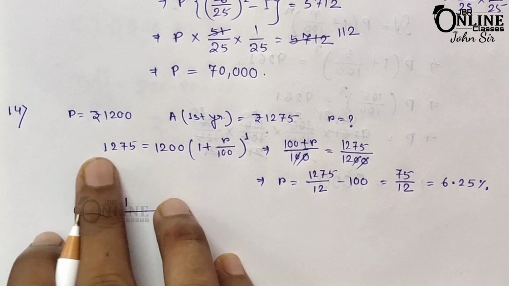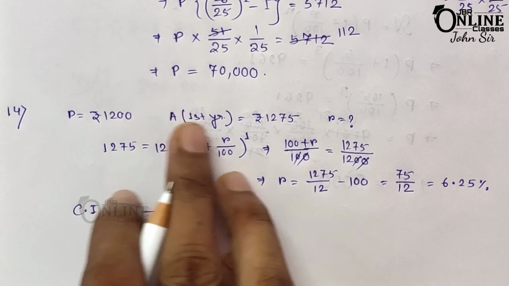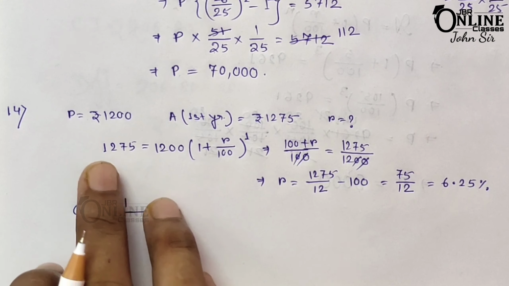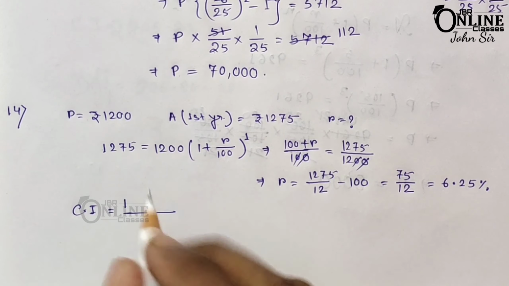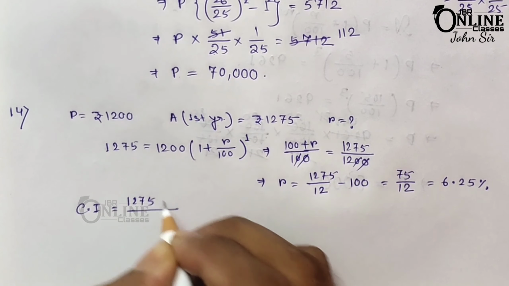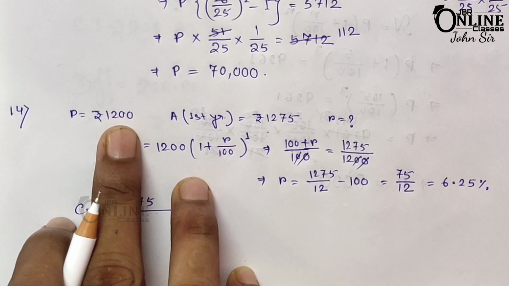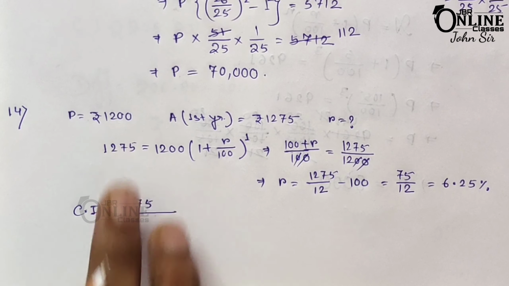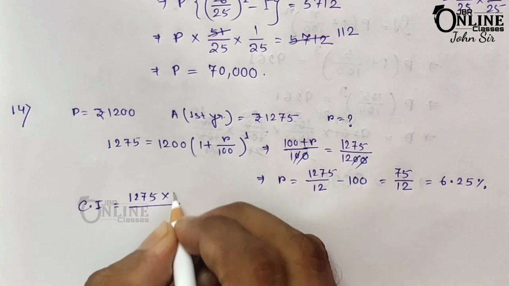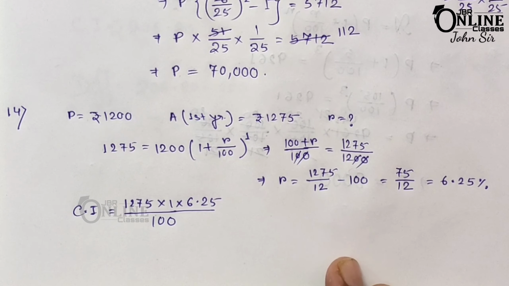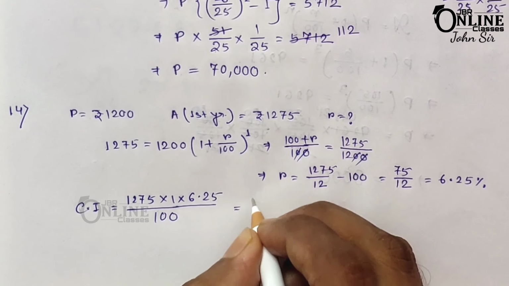So amount equals 1275 after 1 year, that means the principal for the second year will be 1275. Remember that, don't write the principal 1200. So 1275 is the principal for the second year, into 1 as time 1, and rate of interest 6.25, over 100.